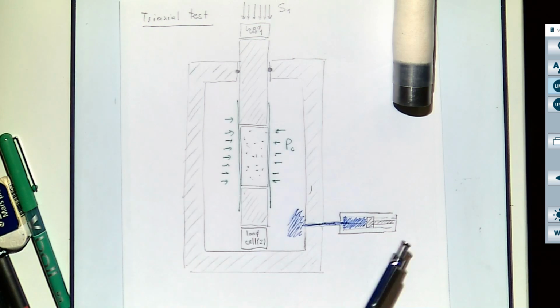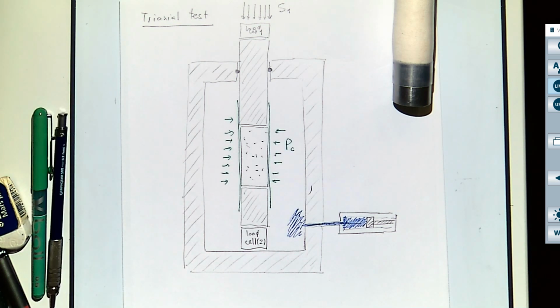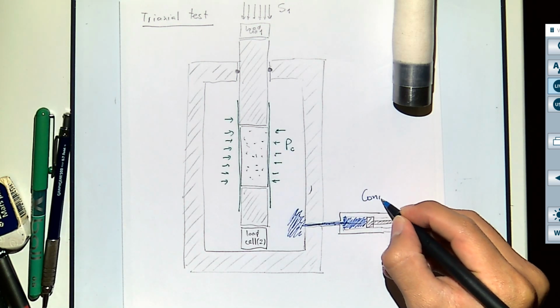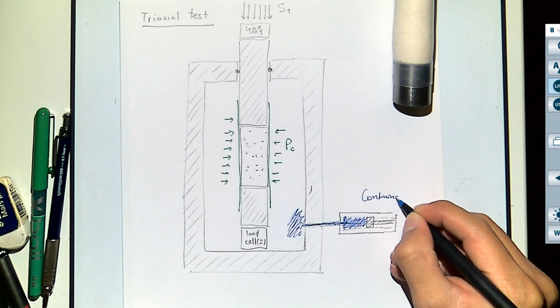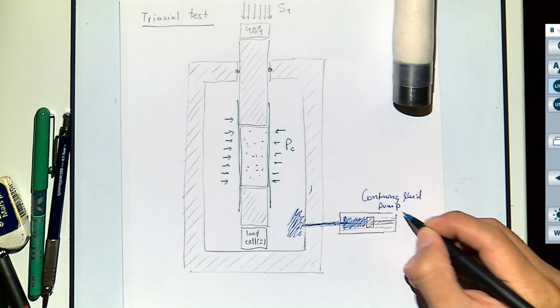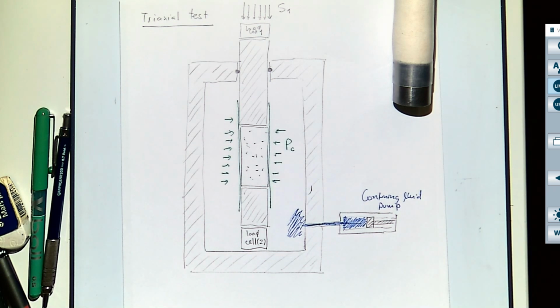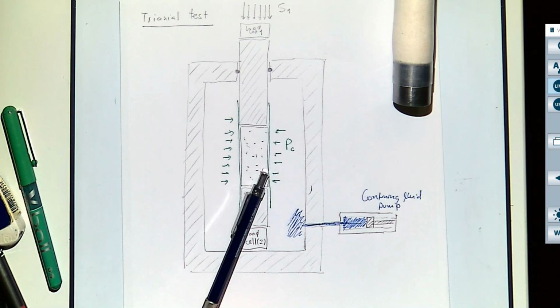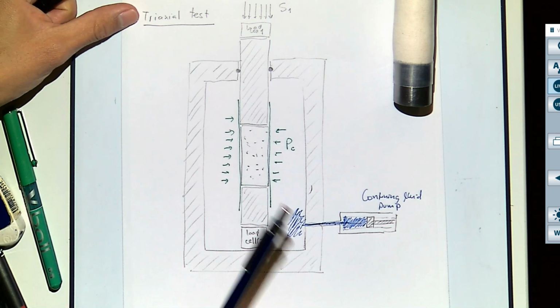So in addition to this pump, which is the confining fluid pump, we have another pump which is going to control the pore pressure inside the rock.